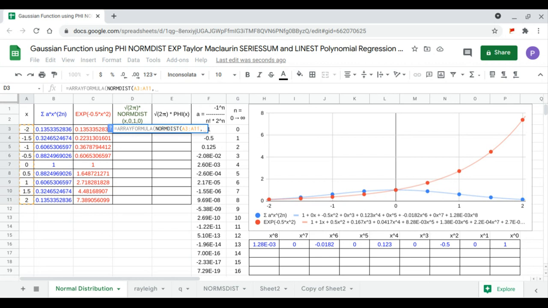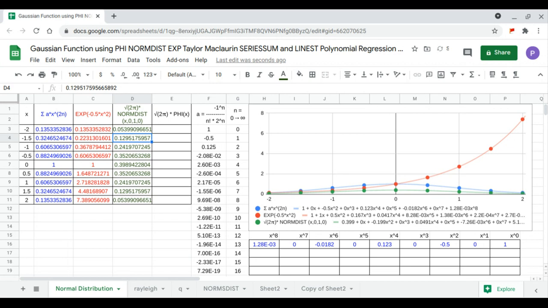The mean will be 0, standard deviation is 1, and the cumulative is 0 because this is a probability density function. And the phi function, which is equal to array formula phi of the x values.